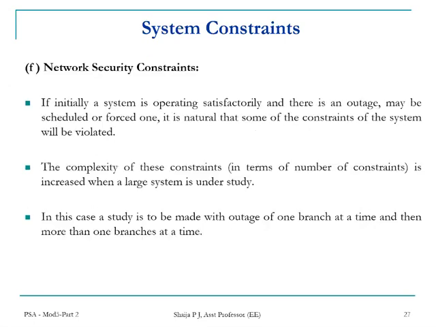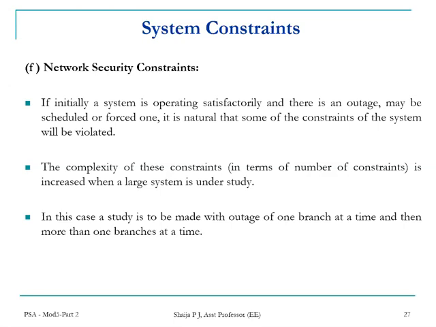Next is the network security constraints. If initially a system is operating satisfactorily and there is an outage, maybe scheduled or a forced one, it is natural that some of the constraints of the system will be violated. The number of these constraints increases when a large system is considered. So a study is to be carried out with the outage of one branch at a time, and then more than one branch at a time, to find out the security aspects.